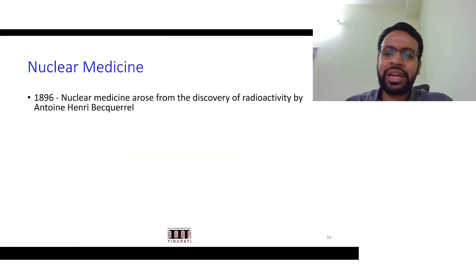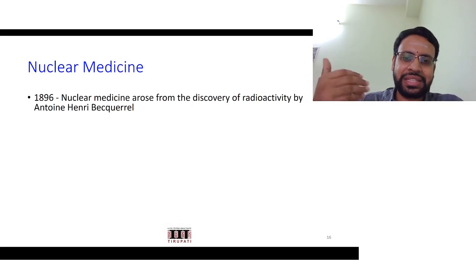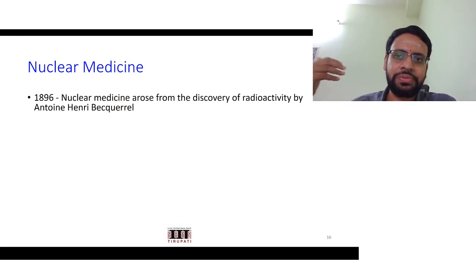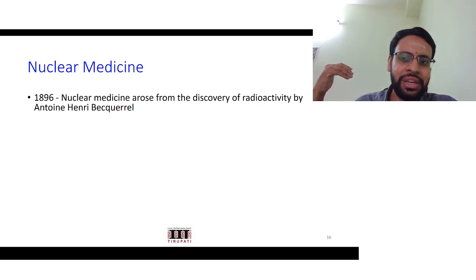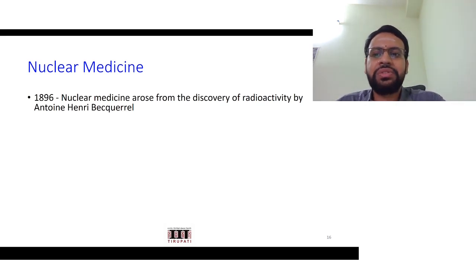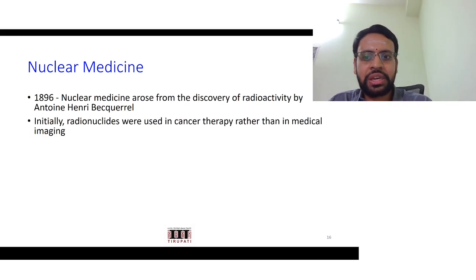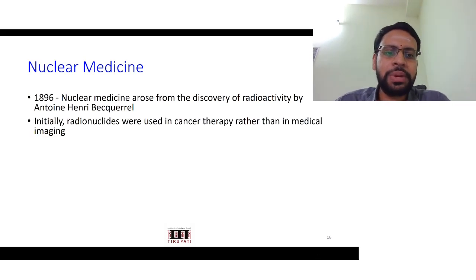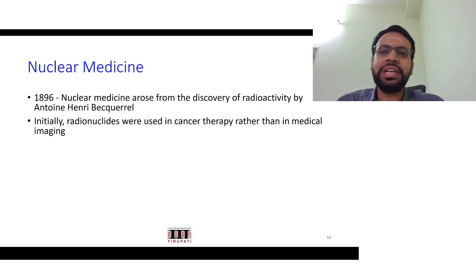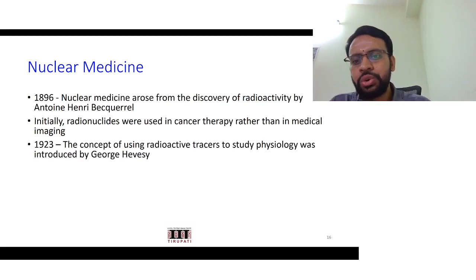You could notice that around 1896 X-rays were discovered, and inventions and further developments were going on. Around the same time, as you know from your +2 chemistry courses, Henri Becquerel discovered radioactivity around 1896. But initially its application in medicine was for treating cancer, not for diagnostics.